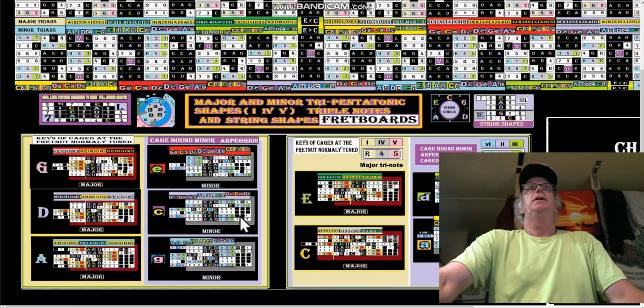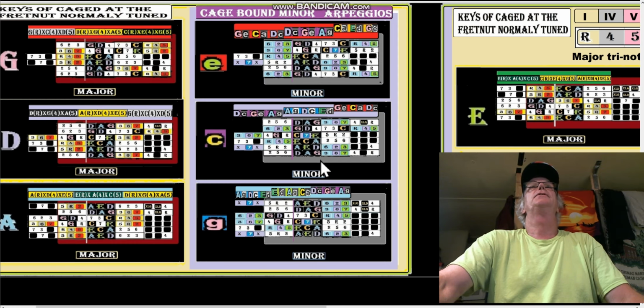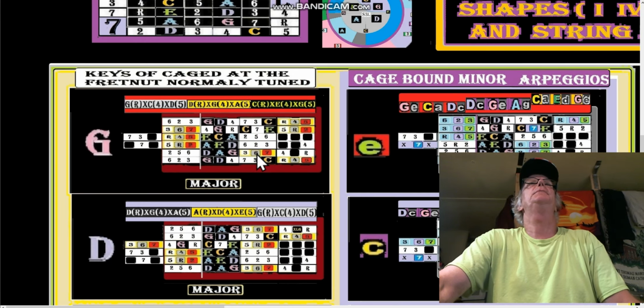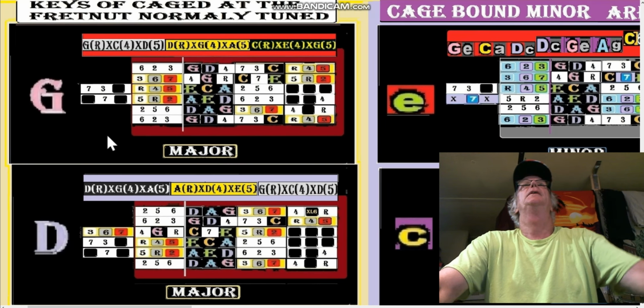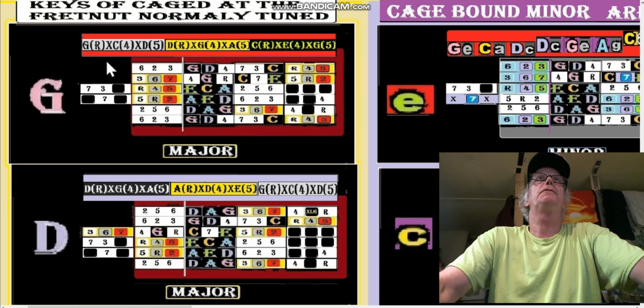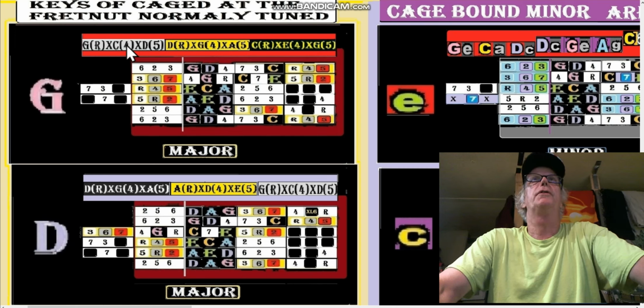So the next level is where we created this D major here, this G major here, but we still have the 3 strings there. Just for the first position here, we have a G-shaped root, which is 6, 7, root, defined by the G. We have a C-shaped fourth.